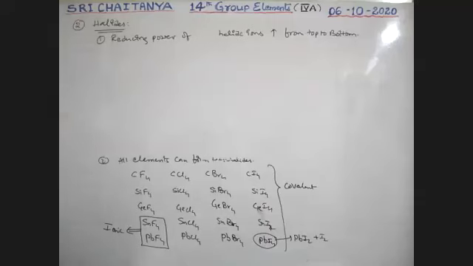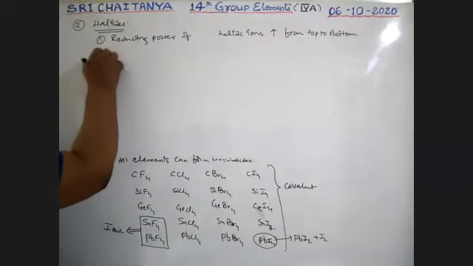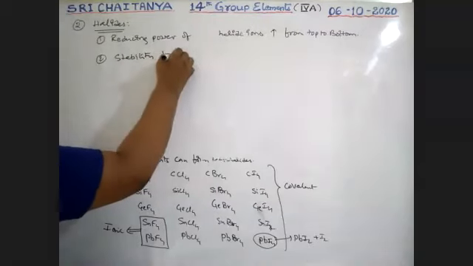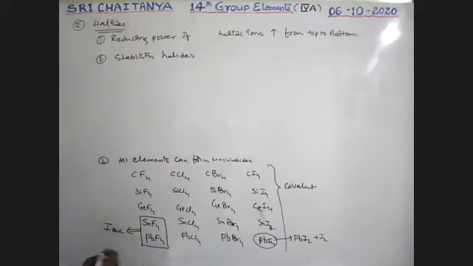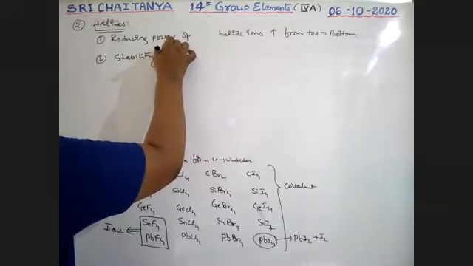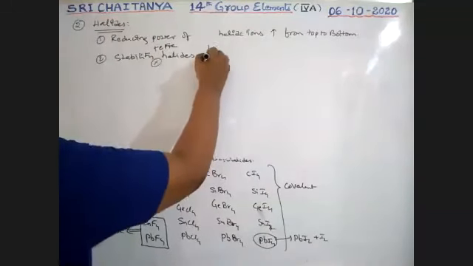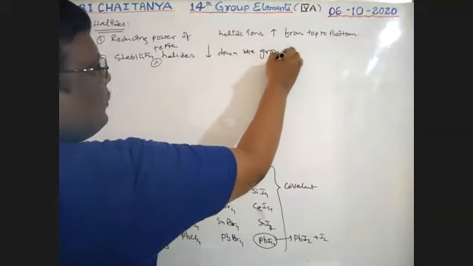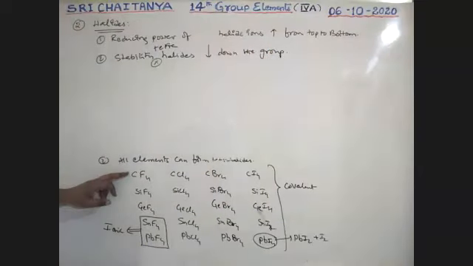Okay. So see here boys, stability of these halides. Next point, stability of tetrahalides decreases down the group. Because here carbon +4 is stable.